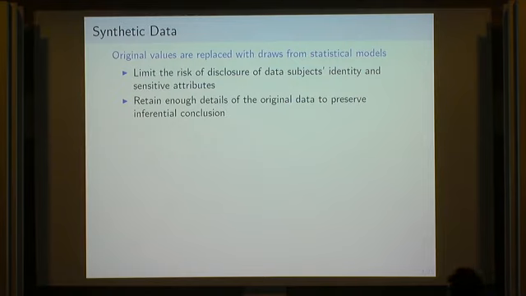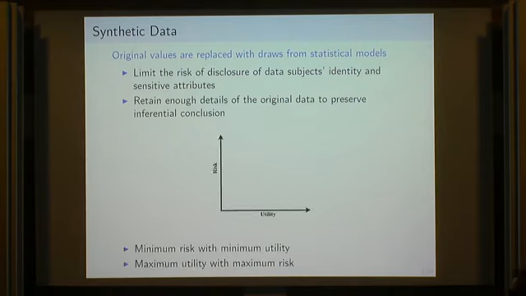So here we come to the problem. One is to reduce the risk, another is to ensure the utility of data. But these two things are not possible to optimize at the same time, because if the risk is minimum, then utility is also minimum.